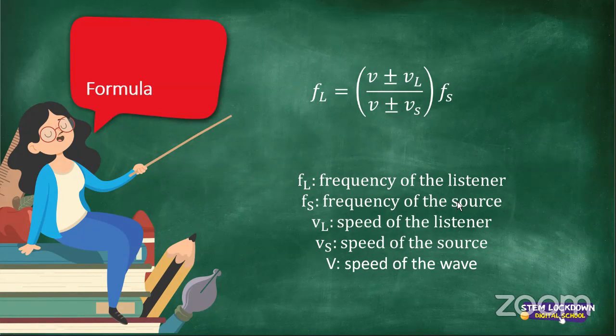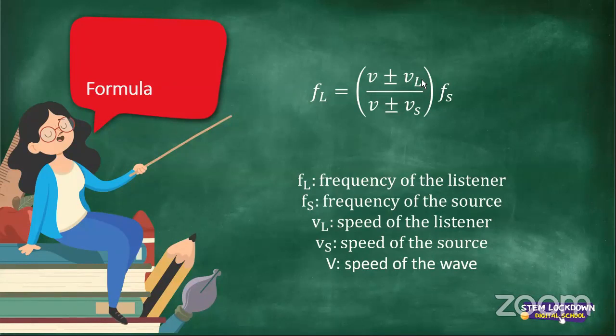Then the plus or minus comes from the fact that you are either moving away or moving towards the object or the source. If you are going to add your VL, then it means that the person is moving towards the source. If you subtract the speed of the listener, it means that person is running away from the source.